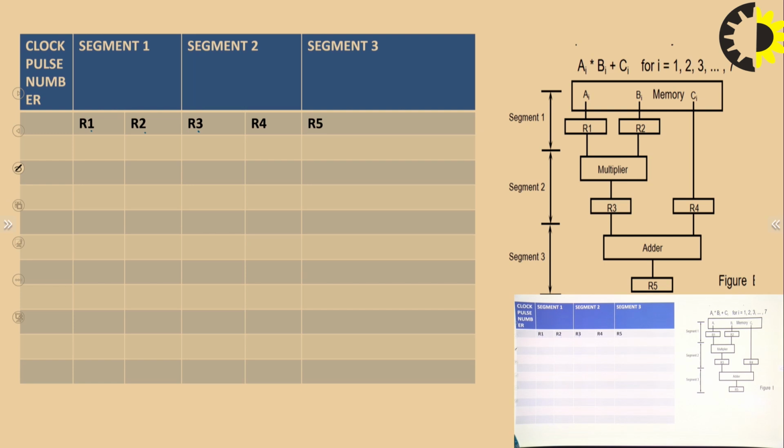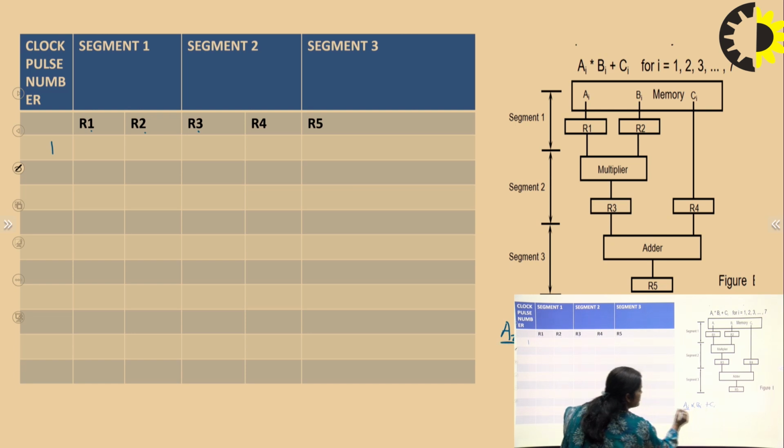In the first clock pulse, meaning every tick, your particular operation will be executed. In the first, R1 means AI into BI plus CI.